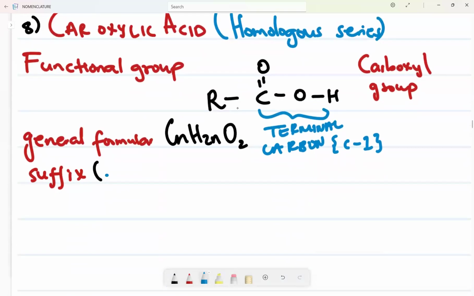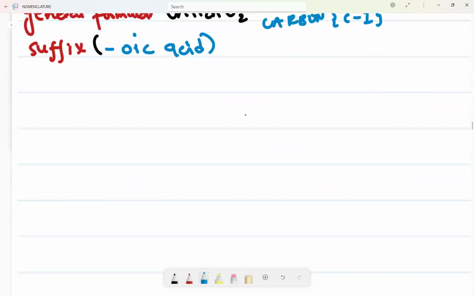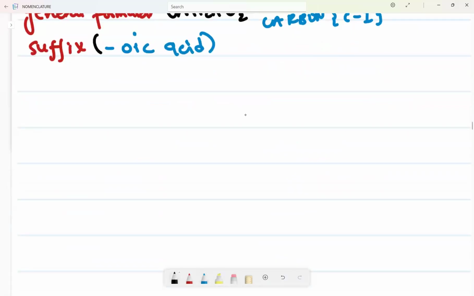The ending here will be oic, something like butanoic, oic space acid, to show you that this is an acid you're talking about. So it's going to be oic acid. On this one, we do not have many things that are tricky.